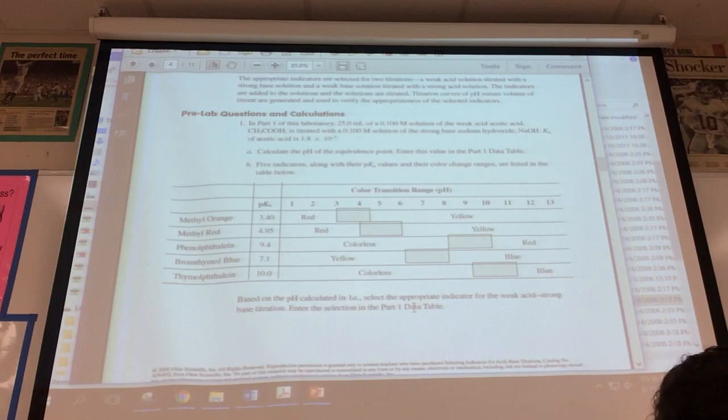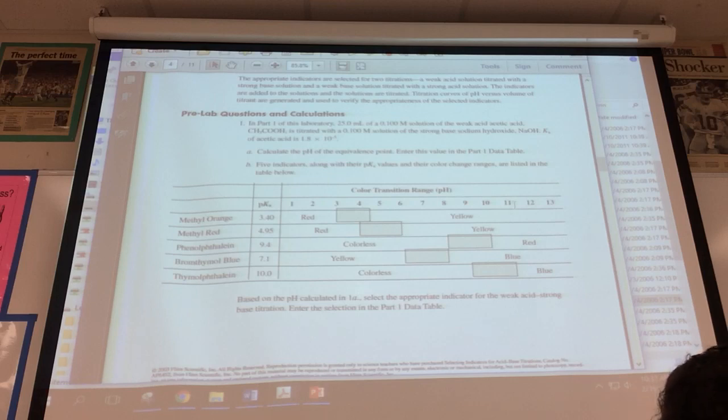So let's say, for example, that the pH at the equivalence point was 10. You would follow down right here, and you would pick this thymolphthalein. And that's because the equivalence point of 10 falls within the region in which a color change would be observed.